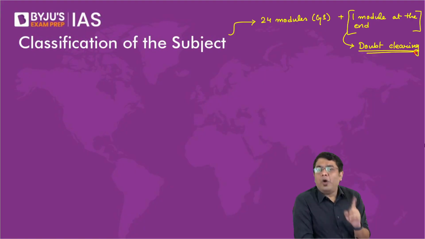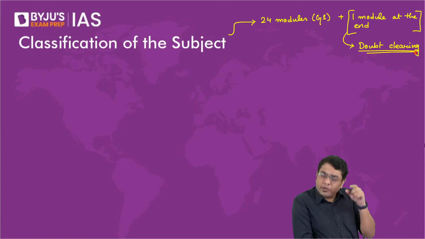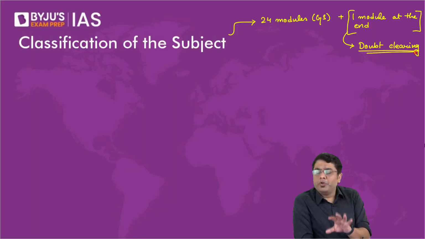So any doubts, any kind of difficulty in understanding the subject that you have, because many of the candidates have been frequently requesting us to provide a separate doubt clearing session itself. So that is something we are going to address this time. So 24 modules is in which we will be covering the syllabus, and one separate module at the end will be precisely only for doubt clearing.